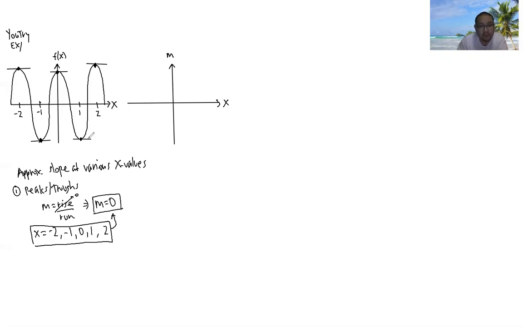The slope of these tangent lines is going to be 0. So let's do that: -2, -1, 1, 2. At all these points, it's going to be 0.